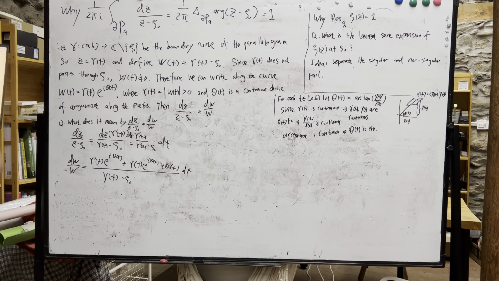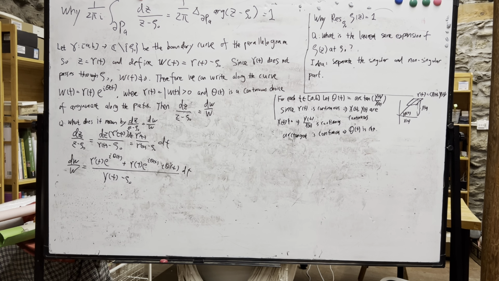I was not sure how to view d omega over omega. I know that dz is a differential defined as dx plus i dy, right?